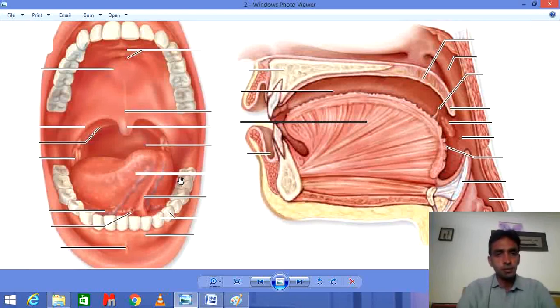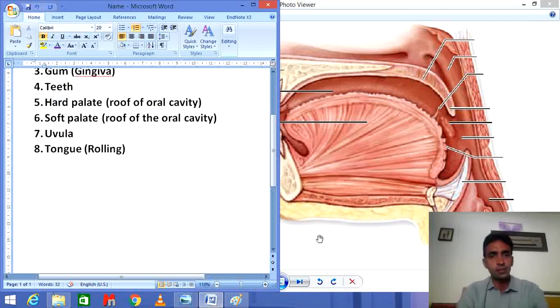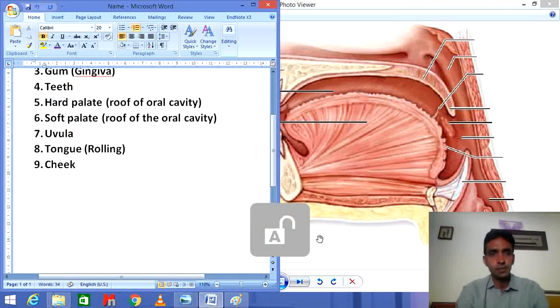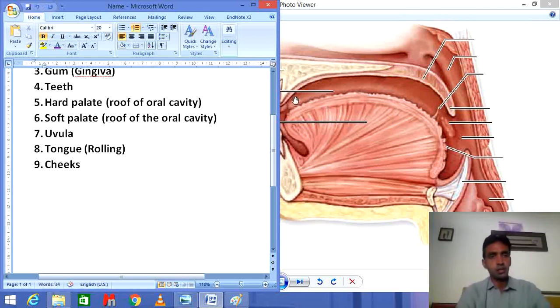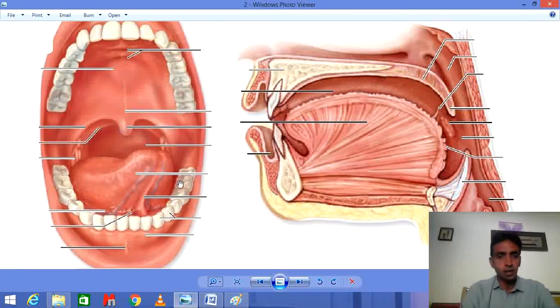On the lateral side of the oral cavity, where there is no lip, the cheeks are present. This cheek and this cheek are present.